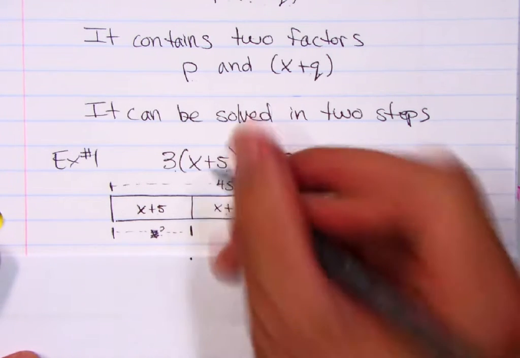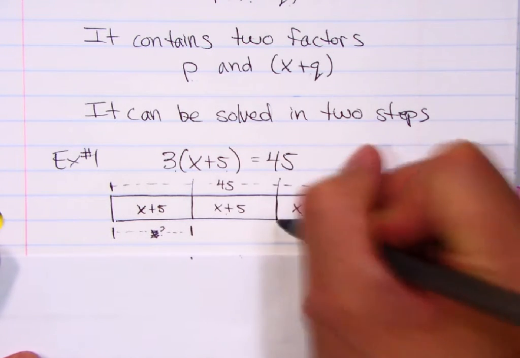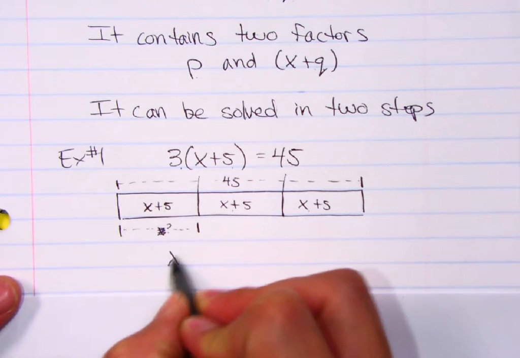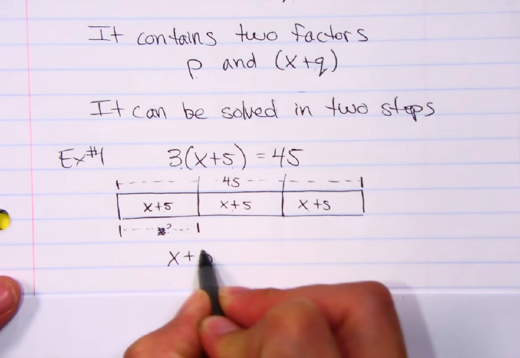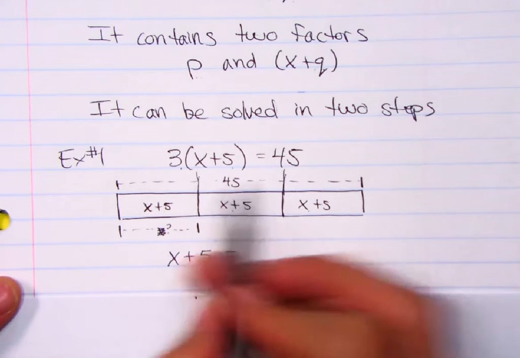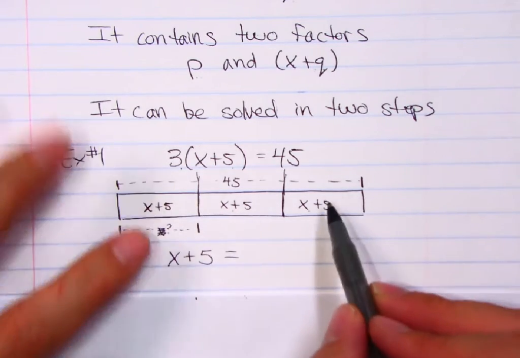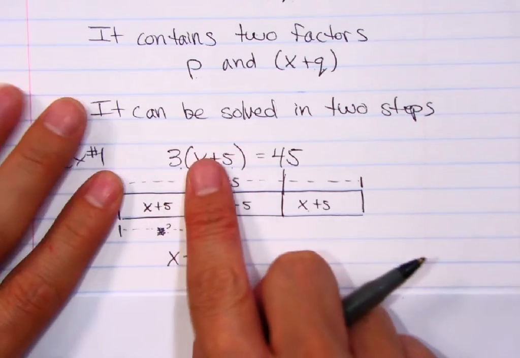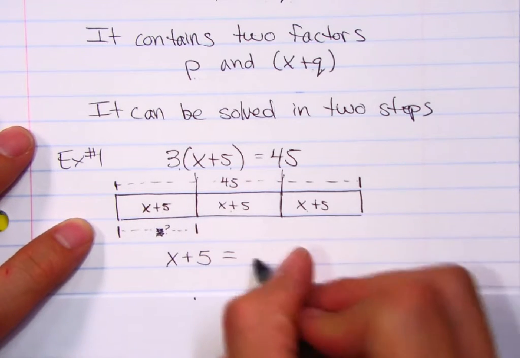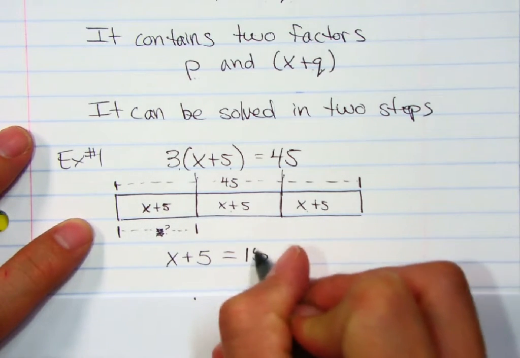If I cut them into thirds, then I can think of just one of those, x plus 5, as being equal to a third of 45. If the whole thing is 45 and there's 3 of them, one of those is a third of 45, and in this case that's 15.